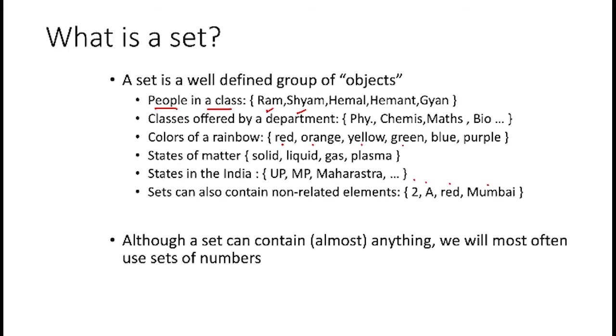We know that we can define, for example, all positive integers less than or equal to 5, right? This is well-defined. So you get 1, 2, 3, 4, and 5. This is well-defined as well as distinct: 1, 2, 3, 4, 5. No repetition is there.